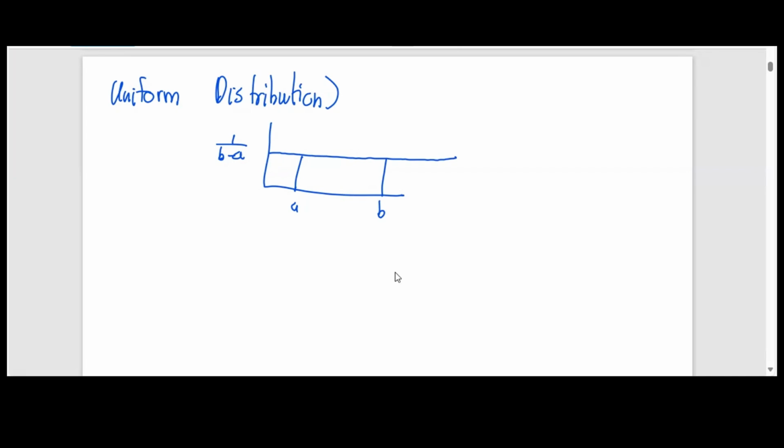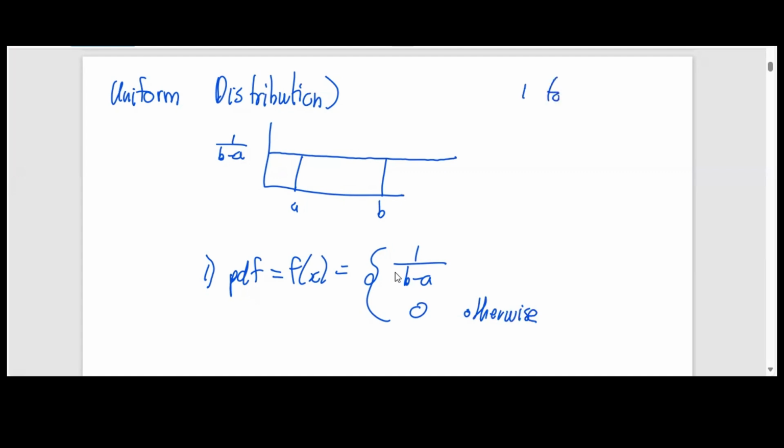All right, so things to remember in this one: the PDF. The PDF is like a piecewise function, right? So f of x is 1 over b minus a, and then 0 otherwise. What I mean by that is, say my values of x run between 1 and 5.